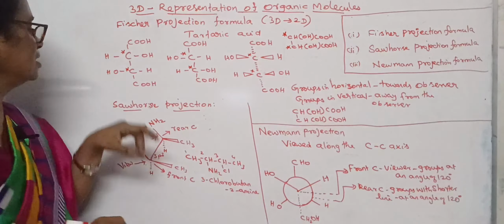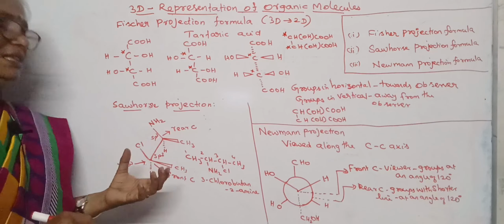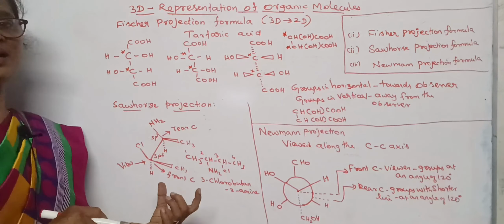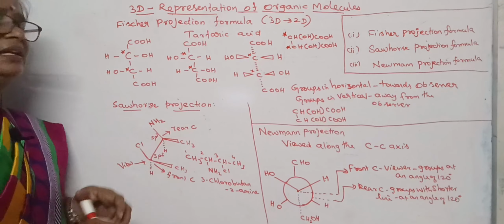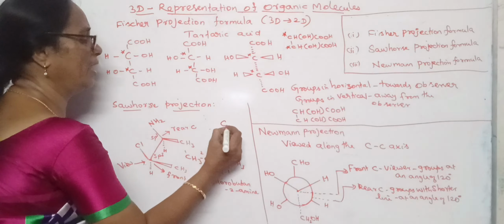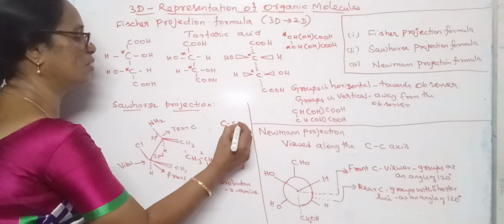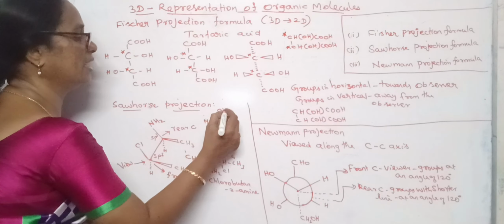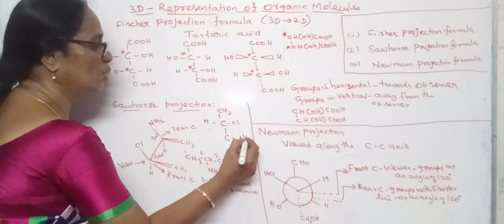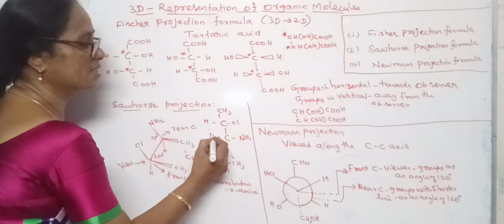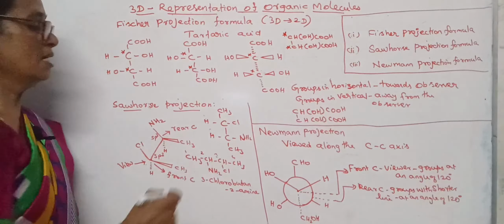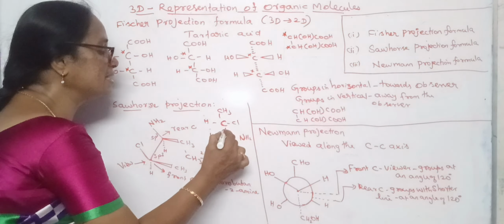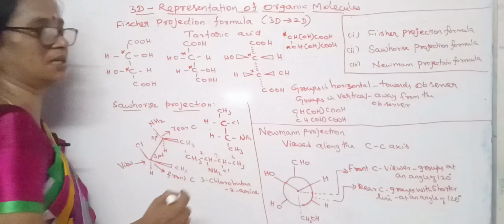The next one, Sawhorse projection. Here the carbon-carbon axis is represented in a tilted way. We make the carbons with their groups Cl, H, CH3, NH2, H, CH3, and we can represent them in such a way. So you can find the carbon is exactly perpendicular to each other.